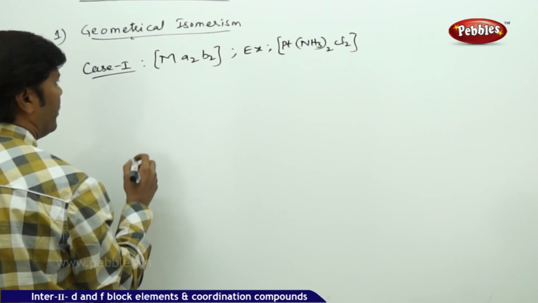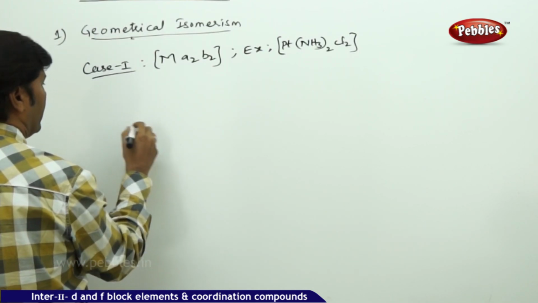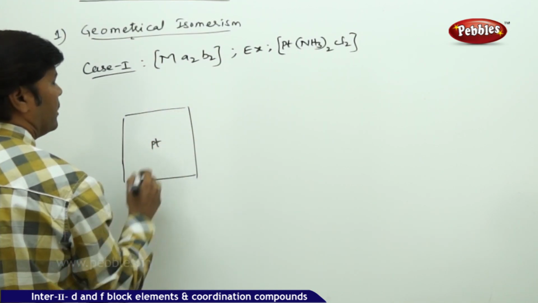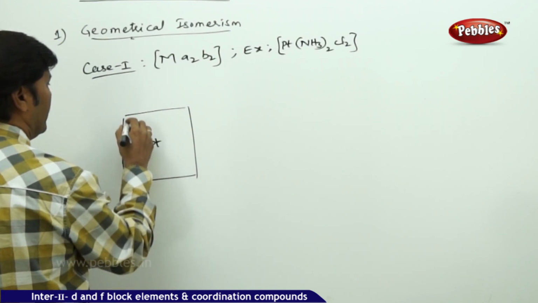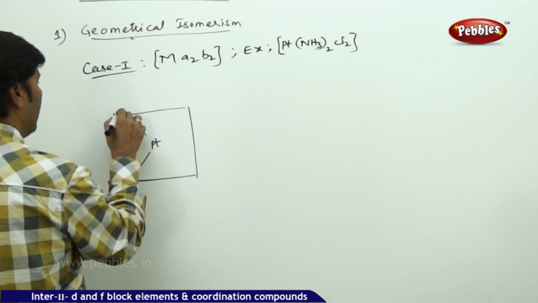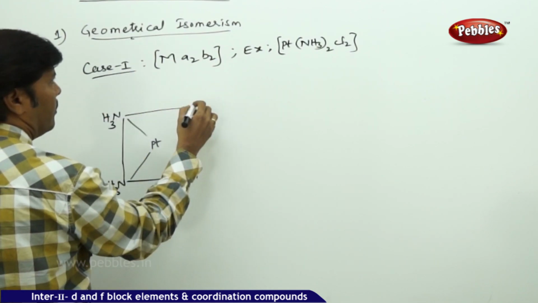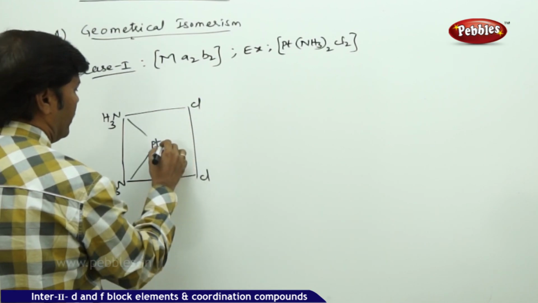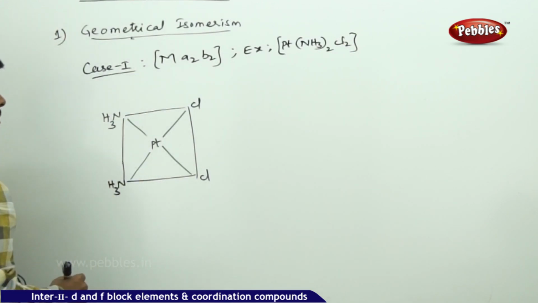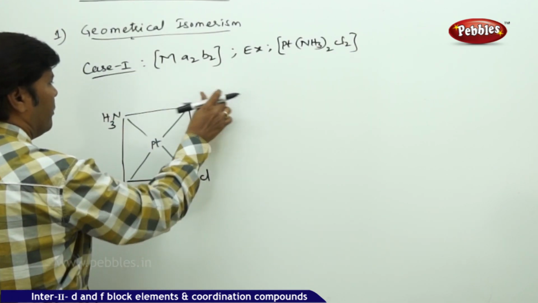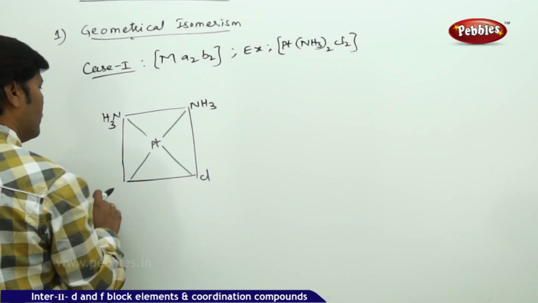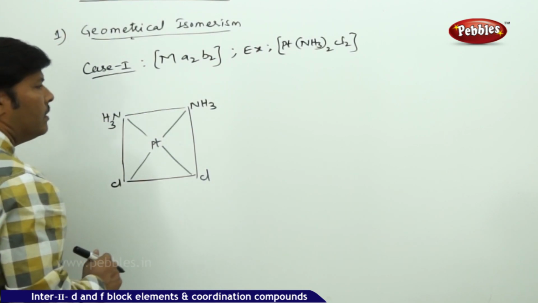So I am going to take the platinum central metal, and here you take one ammonia, and here also one ammonia, and here one chloro group, and here one chloro group. So this I can say is cis. Or else you can place one ammonia over here and one chloro group over here. So I can say that this is in the cis form.